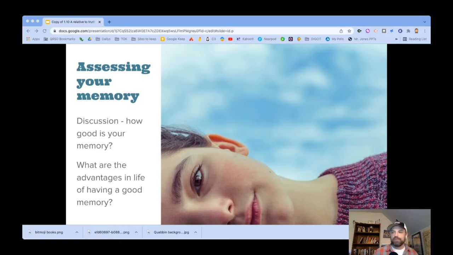Write down how good is your memory, 1 to 10, 10 being photographic, 1 being I've got amnesia. What are the advantages in life of having a good memory? I could answer this all day. I want you to be thinking in terms of accuracy and power of your own memory. It's not the point of the lesson, but it's something you need to be thinking about. And we're going to test that out now.